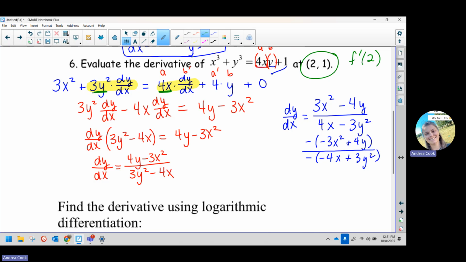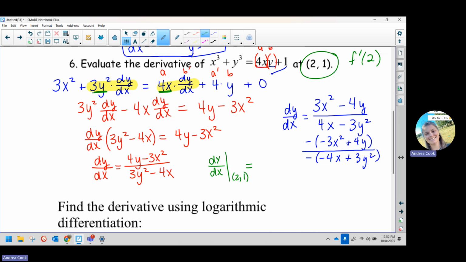So I'm going to show you a slightly different notation. I write dy over dx, and then I put this little bar and the ordered pair. That is the notation we use for finding the derivative at a point.